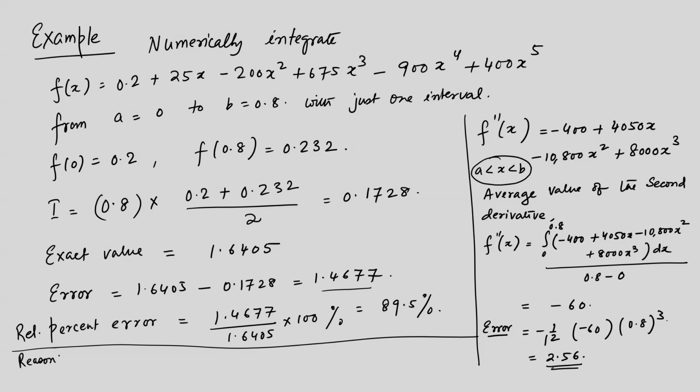Reasons for this discrepancy. One is that we have taken a finite step size, which is as large as 0.8 here, and the other error comes from the average value of f double prime x.